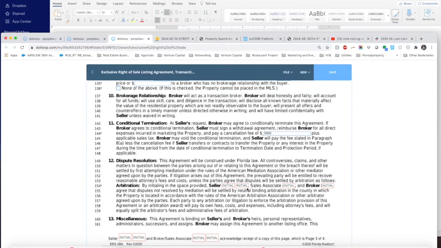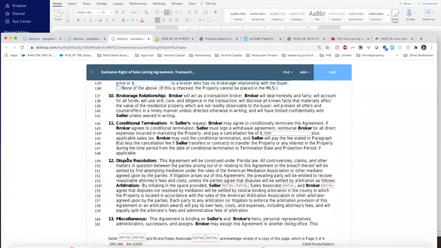When this is done, basically it's more protecting you, because if, for example, there was some negligence with this listing and you acted negligently, then arbitration is more expensive for the seller.